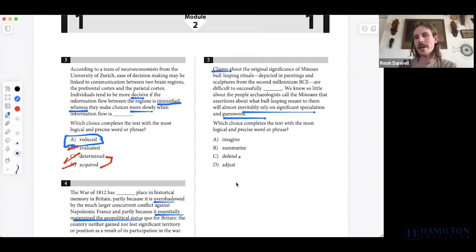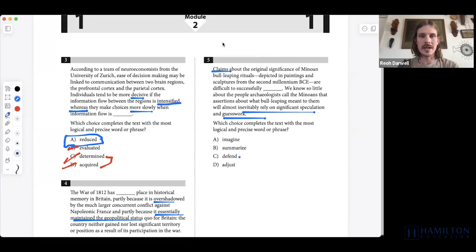Something like that would show that it would be difficult to successfully summarize. But that's not what we have here. We have basically that speculation and guesswork are going in, therefore the claim is difficult to have proven. So remember, both fit and meaning must work in order to get an answer choice on the word in context.